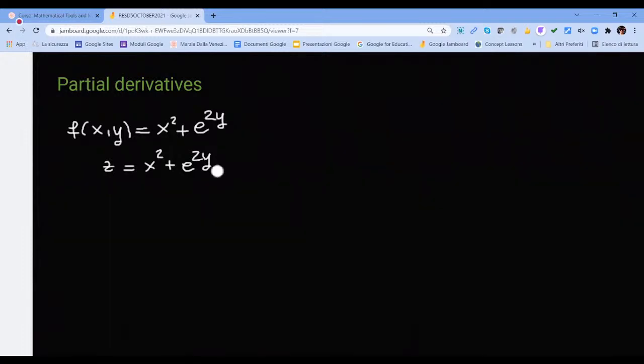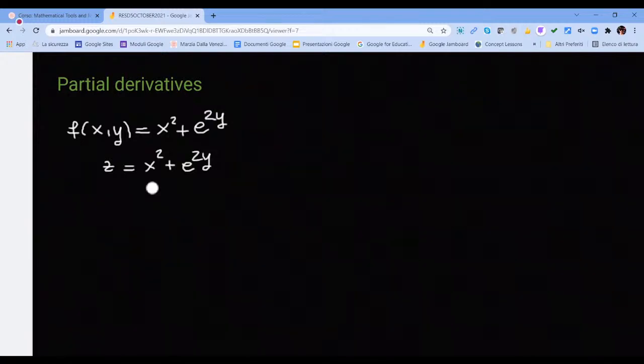So, what are the partial derivatives? The partial derivatives are the derivatives with respect to one or the other variable.